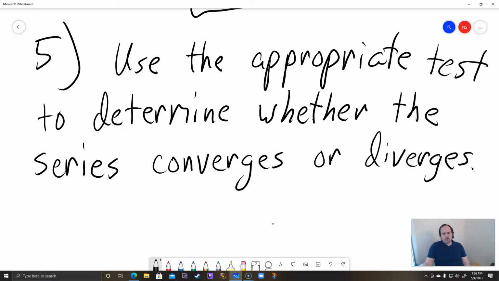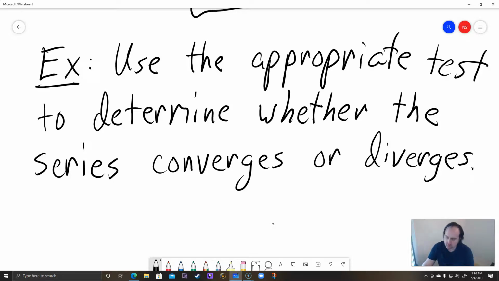Maybe instead of calling this example number 5, I'll just call this a new example, since it has new instructions.